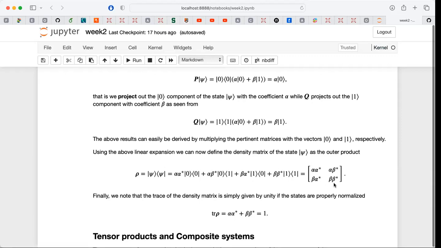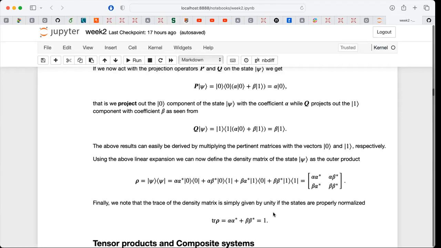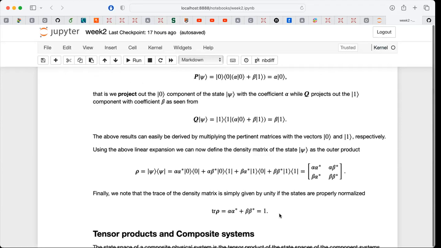Now, since the computational basis is an orthogonal and normalized basis, the trace of the matrix, which is the sum of the diagonal elements, has to be equal to 1, because we have defined that specific sum to be equal to 1.